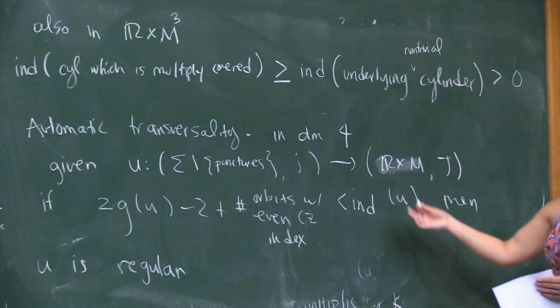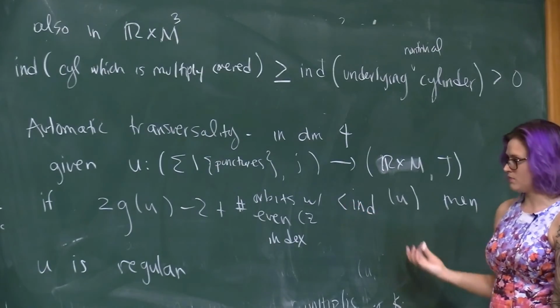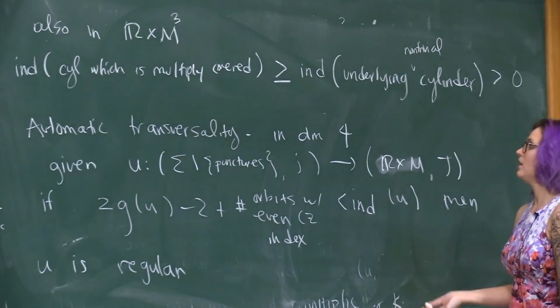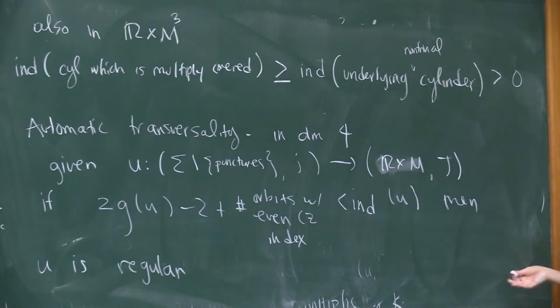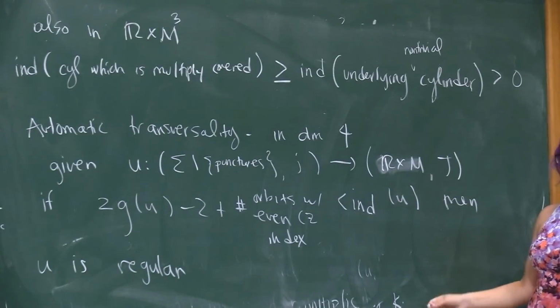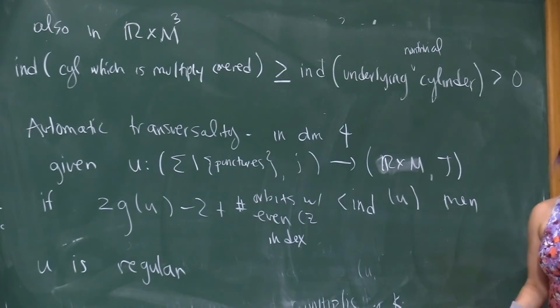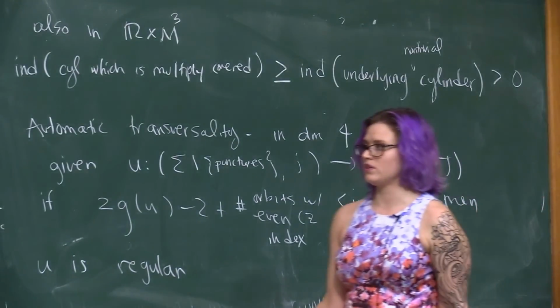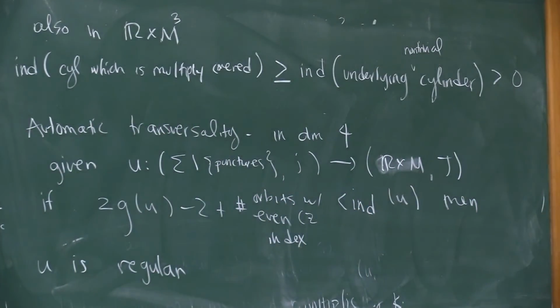So if you decipher what this means in terms of cylinders and the fact that all of our multiply covered cylinders have to have index at least 1 if they're a cover of a non-trivial cylinder, you can get regularity for all your multiply covered cylinders in symplectizations. So I just wanted to say a few things about what goes wrong, which is compactness and a lack of transversality together.